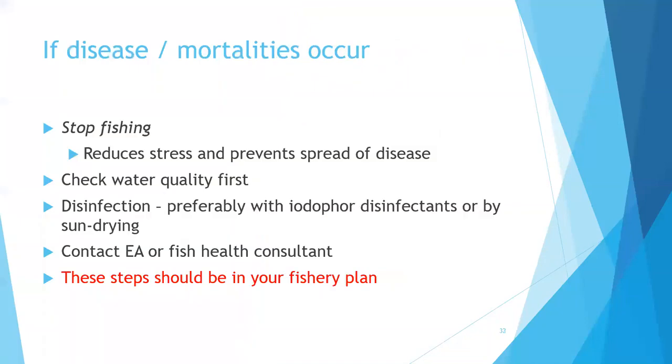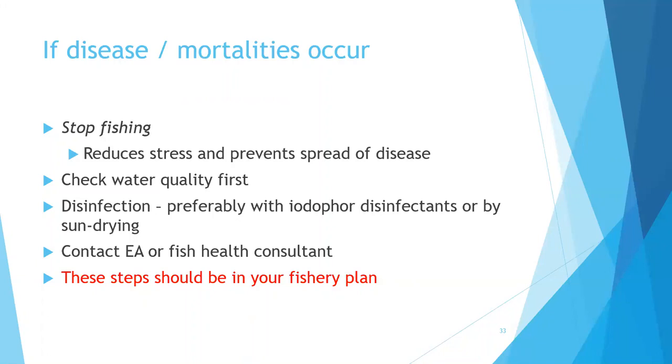Next slide, please. And again, something to have in your planning. What do you do if a disease or mortality occurs? Try and reduce that stress as best you can, and the easiest way to do that is to stop fishing. Do a full suite of water checks, get your water quality checked first. Start with disinfection, again part of your biosecurity plan. Prevent it coming in.